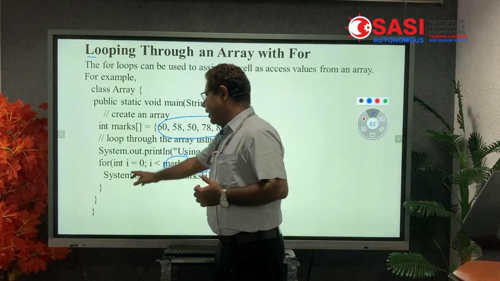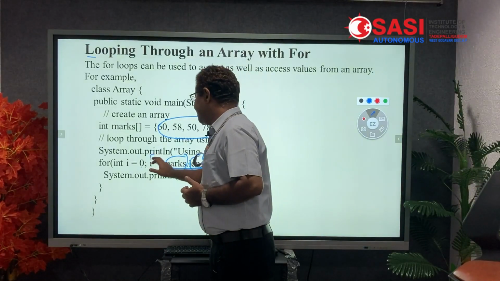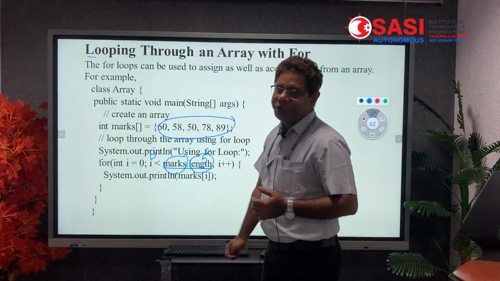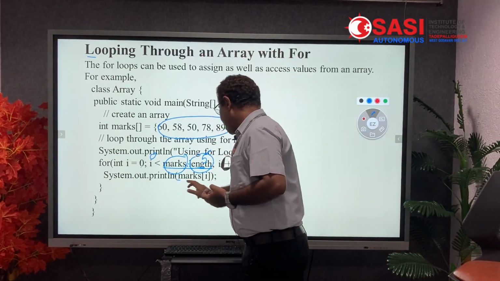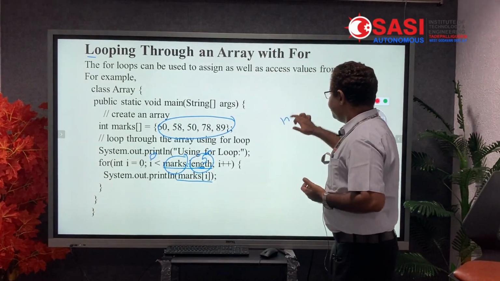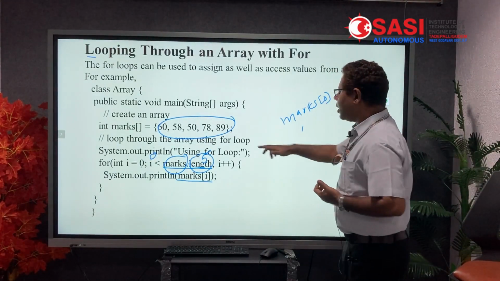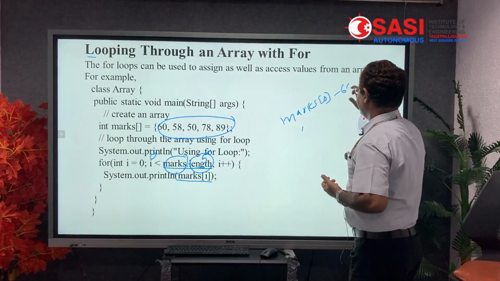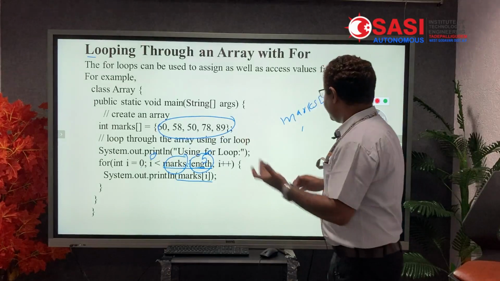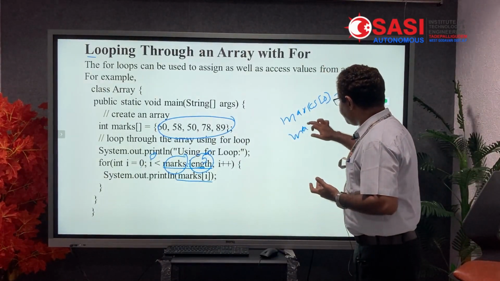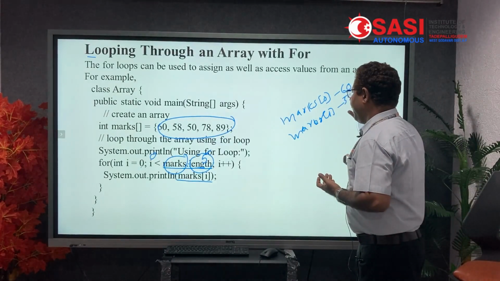First int i equal to 0, i less than 5. The i value is 0, 0 less than 5, which means the condition is true. So it will print mocks of i. Mocks of i means first it will print mocks of 0, the value is 60. Next the i value is incremented by 1, so now it prints mocks of 1, 58.